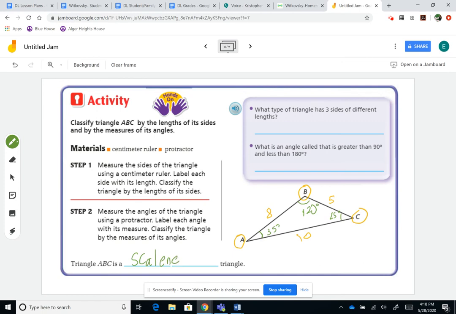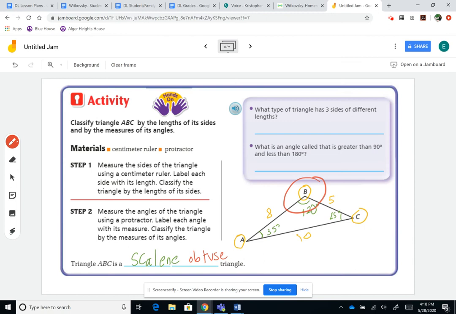And is it a right, obtuse, or acute angle? Well, this angle right here, angle B, is an obtuse angle, and you only have to have one obtuse angle in a triangle for it to be an obtuse triangle. Obtuse, T-U-S-E. Okay, so it's a scalene obtuse triangle.